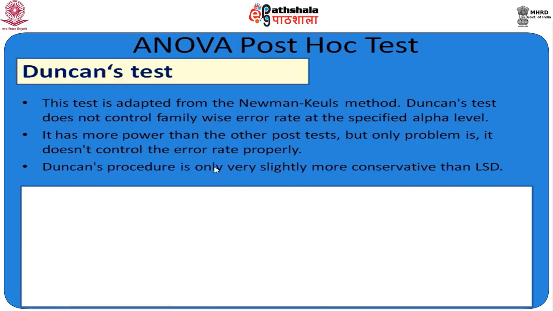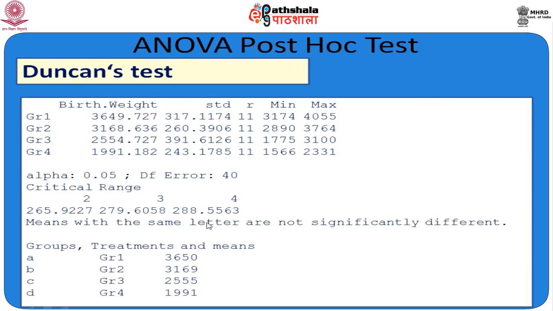Duncan's procedure is only very slightly more conservative than LSD. The same passed values, but the function is different, Duncan.test, and if you pass this, it will give you the results, and the results are the same. There are no common letters between these group entries, so they are statistically significant. All the pairs are statistically significant.